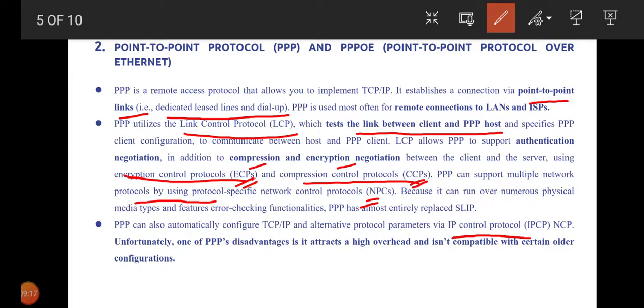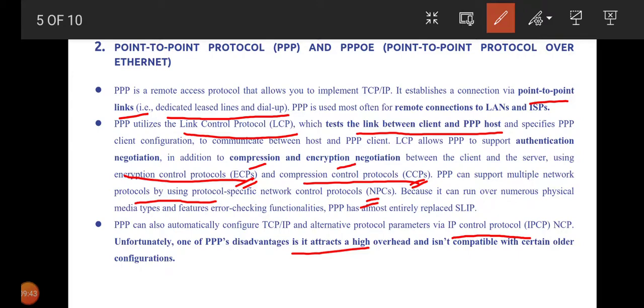Although this has several advantages, the disadvantage of PPP or PPP over Ethernet is that it attracts high overhead, and it is not compatible with certain older versions, which means that it is much more expensive to set up, both in terms of infrastructure as well as latency and various other parameters associated with overhead.